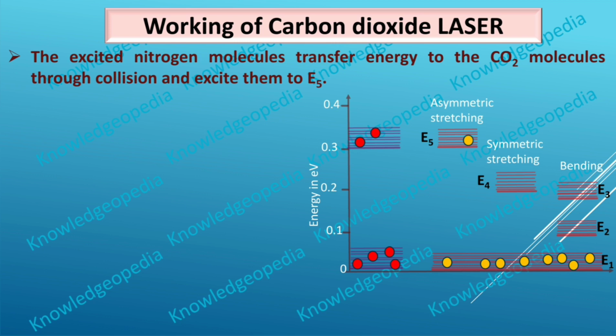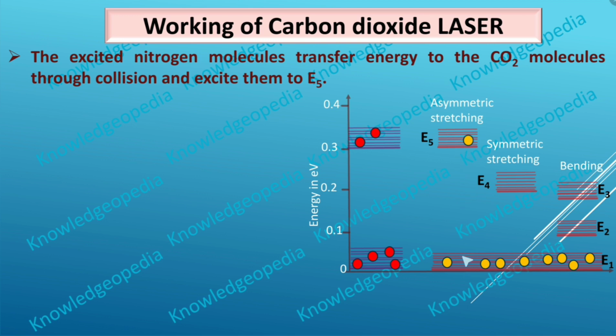Thus, because of these collisions, the excited nitrogen molecules will transfer their energy to the carbon dioxide molecules at ground state, and as a result the nitrogen molecules will come back to the ground state, and carbon dioxide molecules will move to the excited state E5. So this is the one way because of which the carbon dioxide molecules are moving to E5.